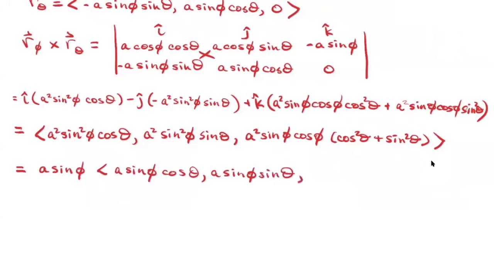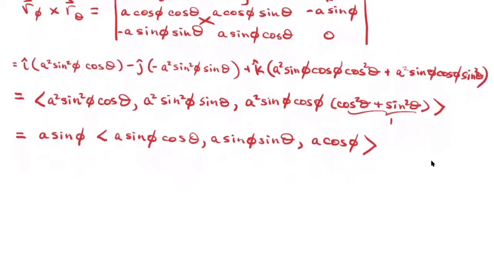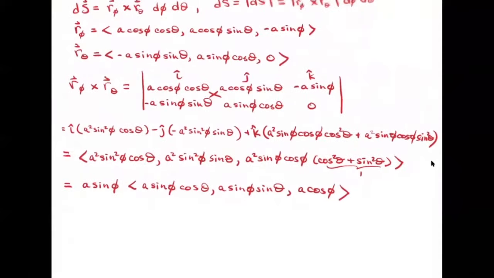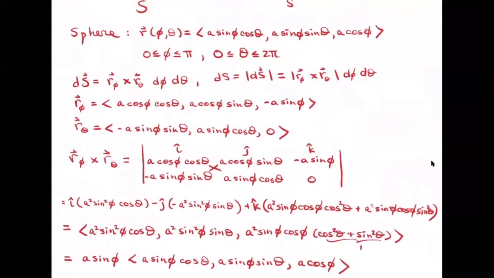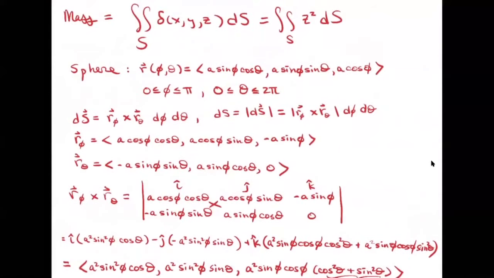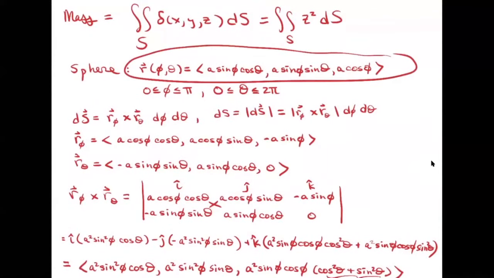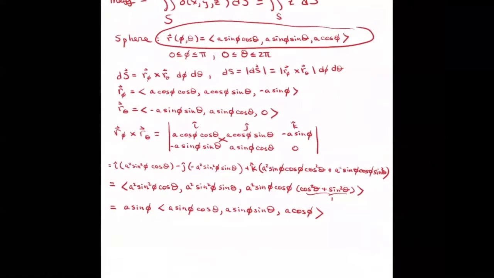And if you factor out a sine phi, you're going to have an a cos phi left inside, and the rest of the z coordinate is just 1. Now, if you look back, this thing right here is that thing.